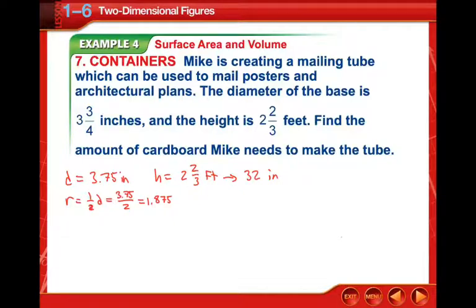So now we're really ready. It just wants us to find surface area, right? We don't need to know volume to know how much cardboard he needs. We just need to find surface area. And surface area of a cylinder is going to be 2 pi r times the height plus 2 pi r squared.